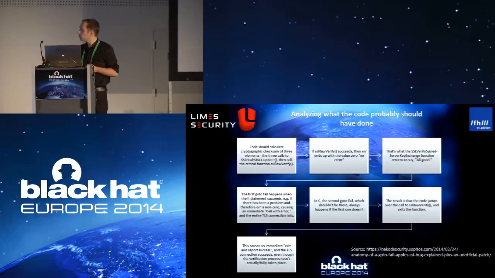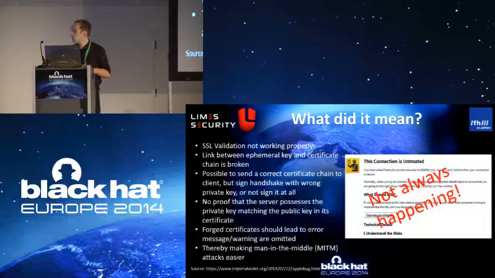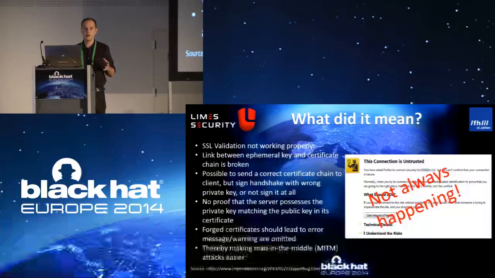So the result was that the code jumped over the different calls, and in the end, the consequence was that the full SSL validation process didn't take place. So several checks just didn't go through. Ultimate consequence, so different ideas. Generally, the validation was not working properly. Maybe the link between the ephemeral key and the certificate chain was broken.